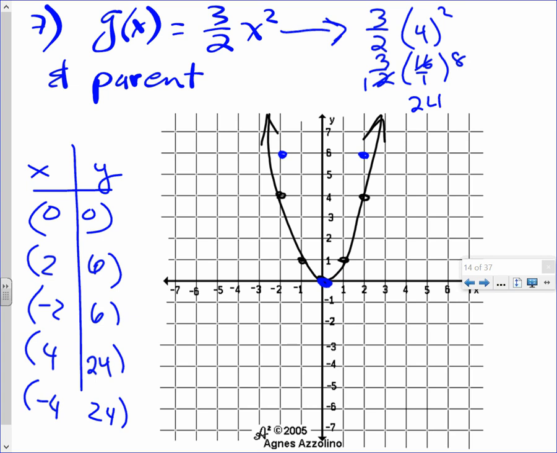And then -4, 24 is way off the charts, but here's a stretch. Look, you can tell it's a stretch because it's skinnier than the parent function, which is what we should expect if we're multiplying it by a factor, a coefficient greater than 1. We should expect that. It's a stretch. Okay? Skinnier.